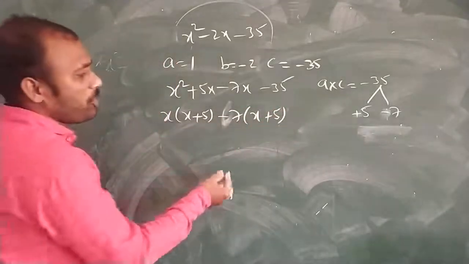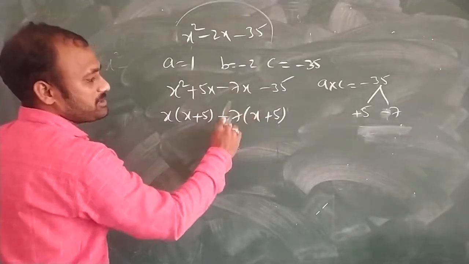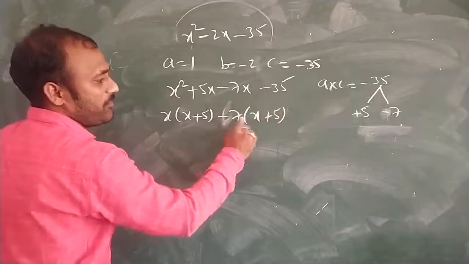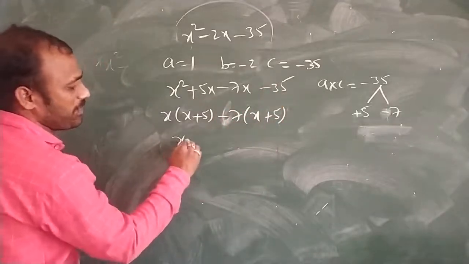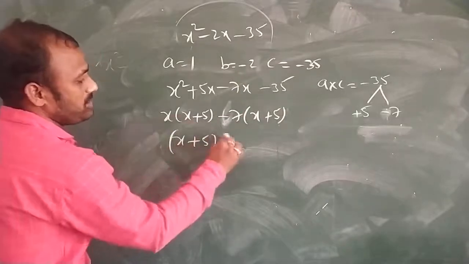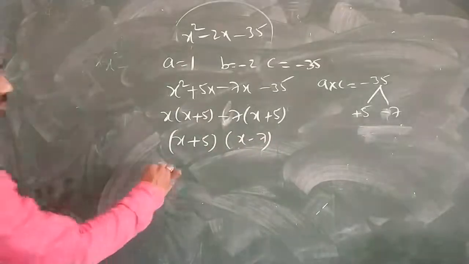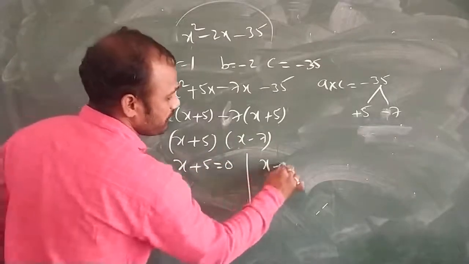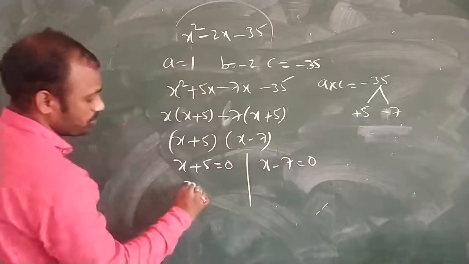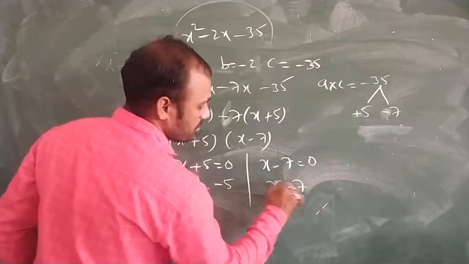After taking common, verify whether it is matching with upstairs: 7 into x, 7x, minus into plus, minus 7 5s are 35. So overall from these two, I can take x plus 5 as common. What is the other term? x minus 7. So x plus 5 is equal to 0, x minus 7 is equal to 0. x is equal to minus 5, x is equal to 7.